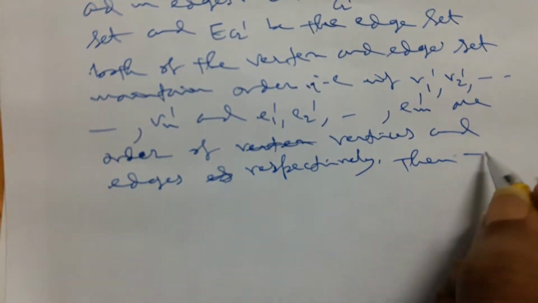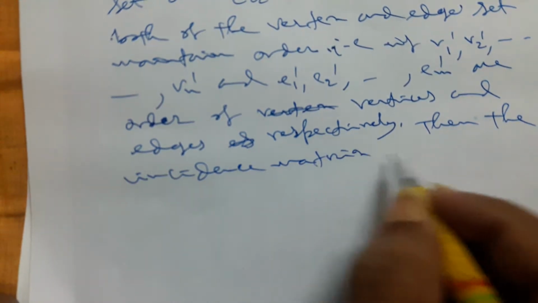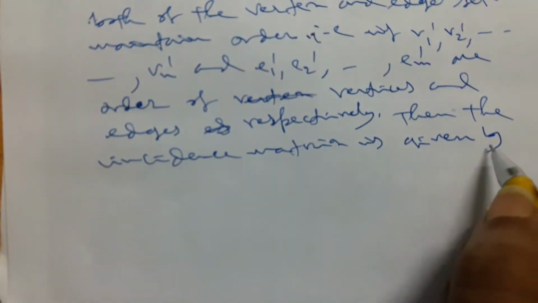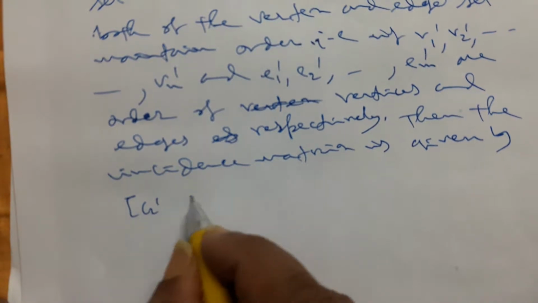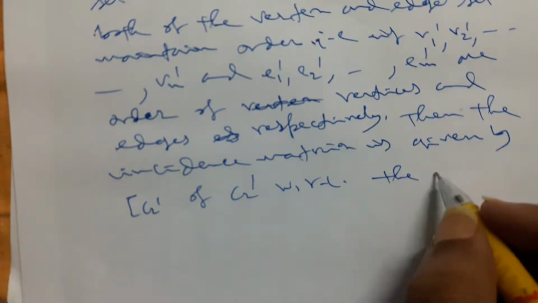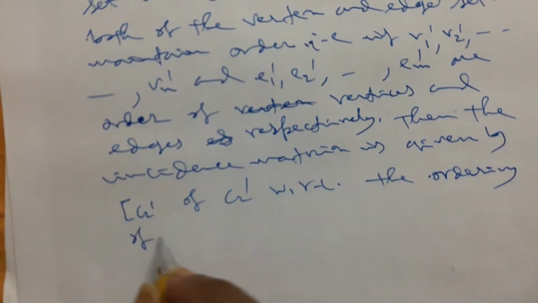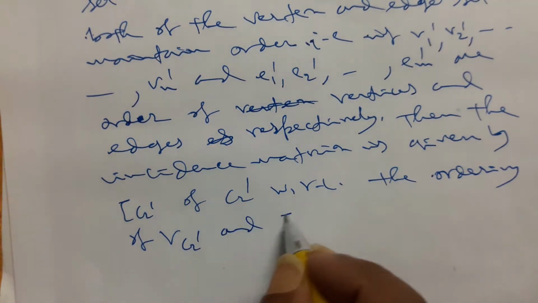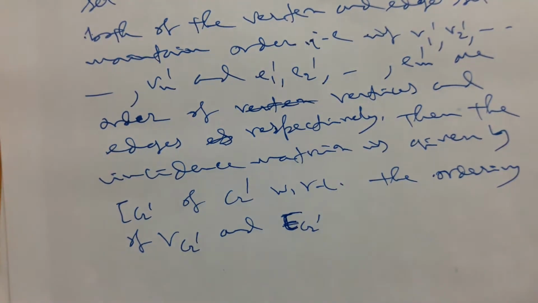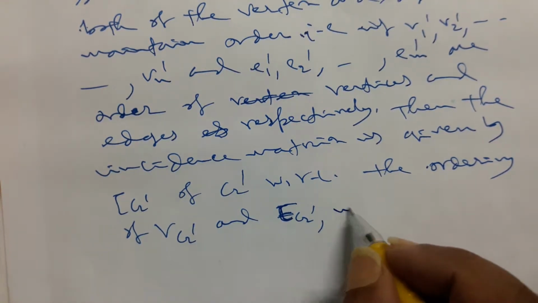Then the incidence matrix is given by I(G') of G' with respect to the ordering of V(G') and E(G').